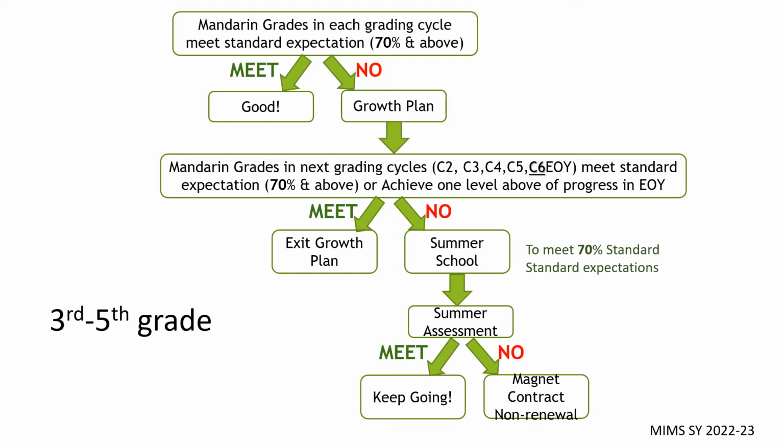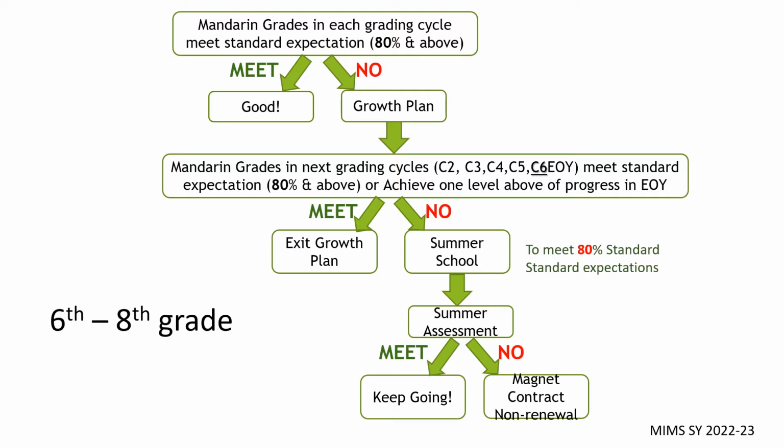For third through fifth grade, the standard of expectation is 70%. It's the same with 6th through 8th. The difference between 3rd through 5th and 6th through 8th is the percentage of standard expectations. For 3rd through 5th it is 70% because they're still elementary. For middle school, our students need 80%.